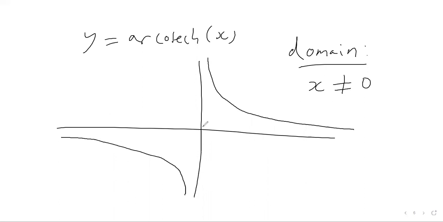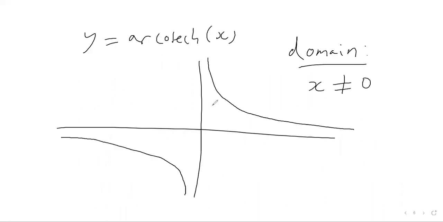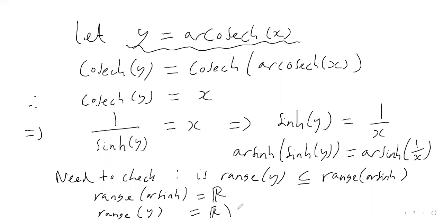Technically, r cosec of x can never be equal to 0, but it doesn't really matter. So the range of y, where y is the same as r cosec of x, is the real numbers, but as we can see from the graph, it won't ever be equal to 0. So we could just put a not equal to 0 in there if we wanted to.